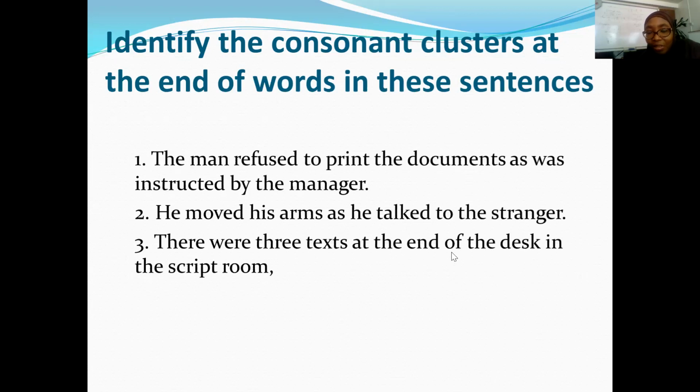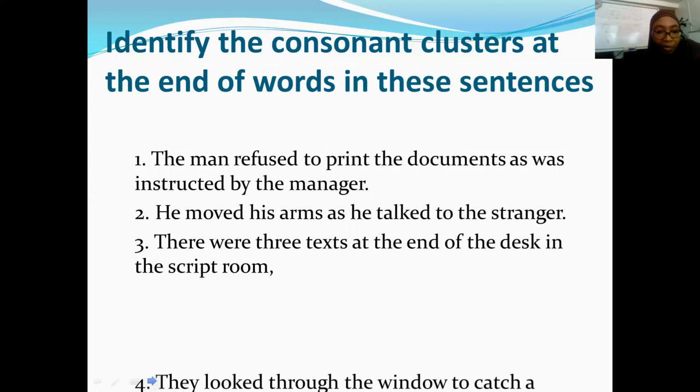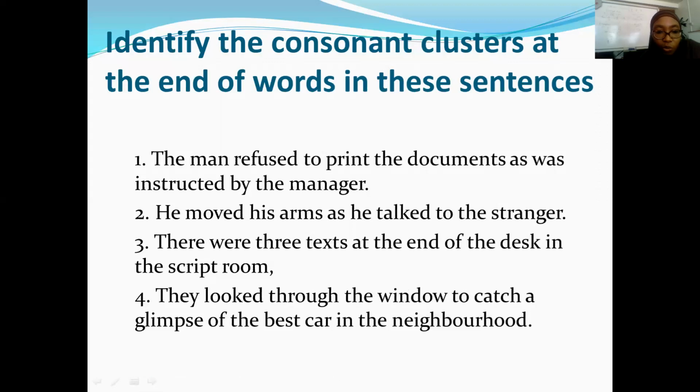Oh, should we review the answer? Okay, let's go for the answer. Oh, there's just one more sentence. There's one more sentence that we need to look at. The last sentence. Oh, I like the way you did yours, Afiz.